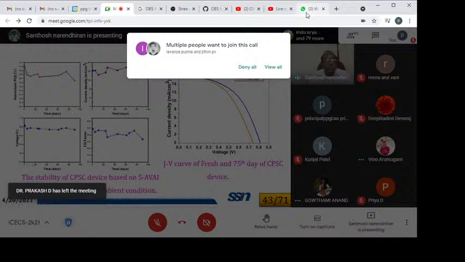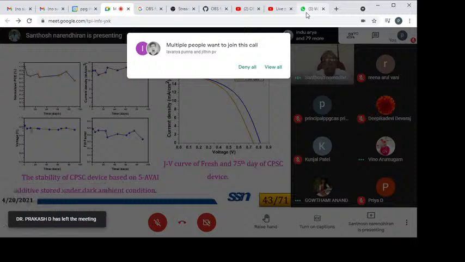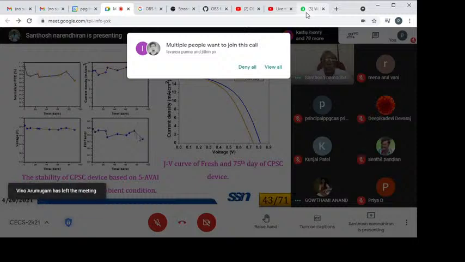And with the time, the voltage from the cell is nearly steady. But what happens is the fill factor, for whatever unknown reason, comes down. As the fill factor comes down, you find the efficiency comes down.